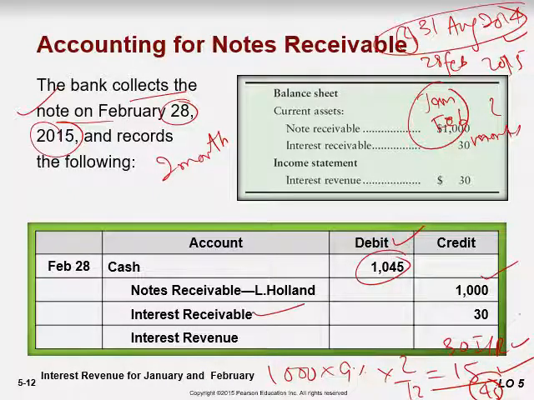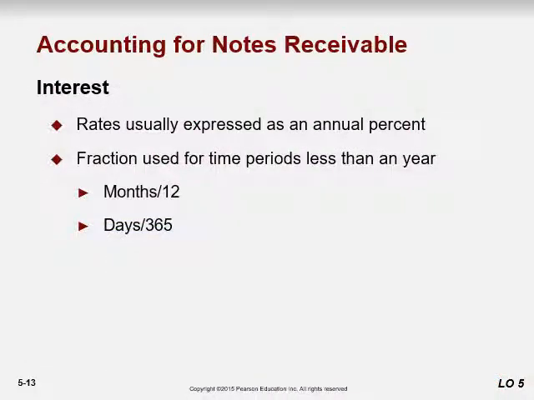Against interest received, which is interest receivable, which we made an entry for in our previous slide. We receive the interest receivable, and the current year interest revenue would be 15. This is how I've done it.